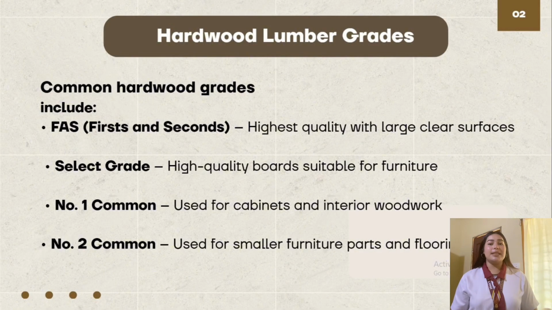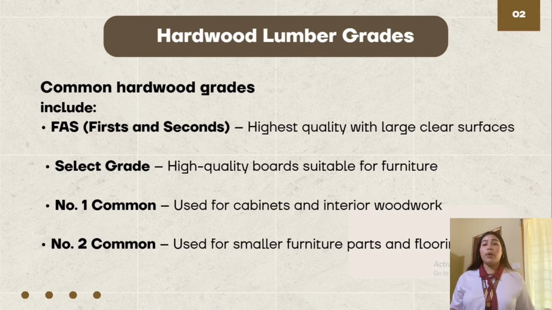Hardwood lumber is classified into different grades based on quality and use. We have the FAS, which means first and second. It has the highest quality with large clear surfaces and is ideal for fine furniture. And then next, select grade.